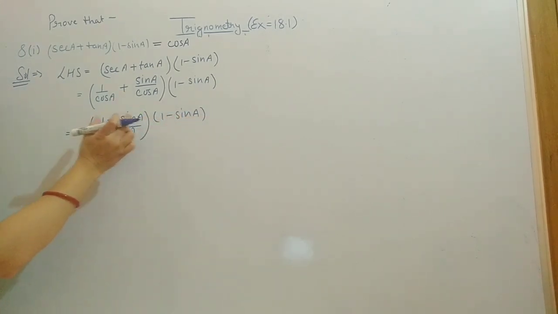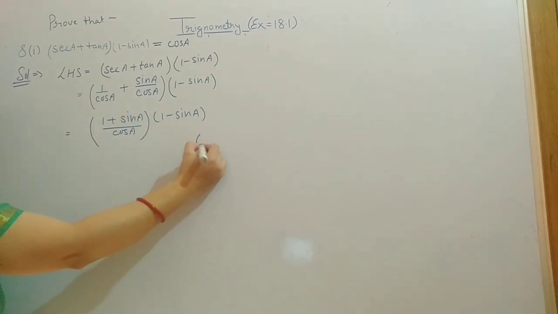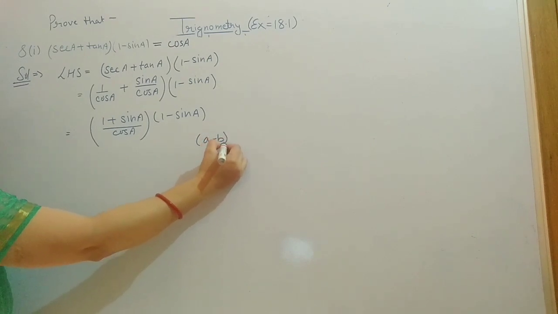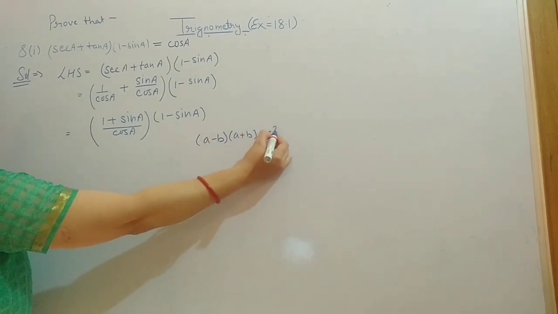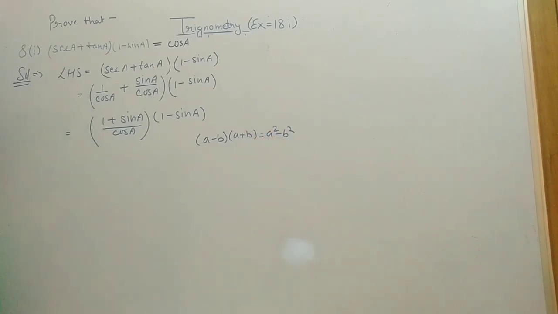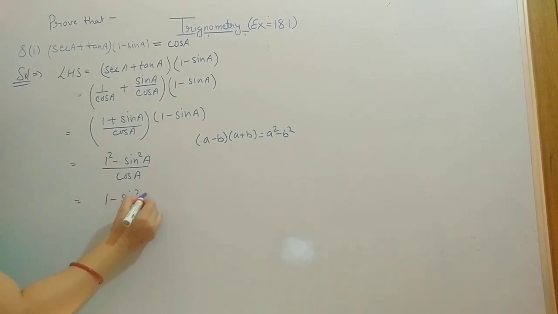Now this 1 plus sin a, 1 minus sin a, with the help of the identity a minus b and a plus b, that is equal to a square minus b square. So we can write it as 1 square minus sin square a by cos a. 1 square is 1, 1 minus sin square a by cos a.